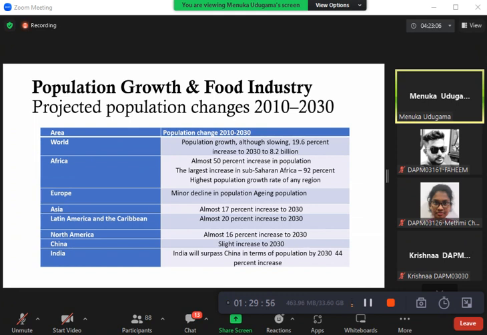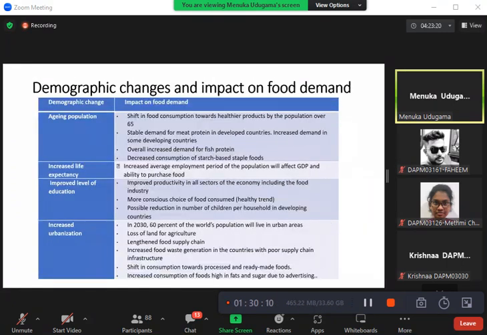One is it will change with the population. Population is ever growing, and in certain parts of the world you will see more senior citizens because the age population would be greater in certain parts. And if there are more, then there will be more focus on health, healthy products, healthy options.